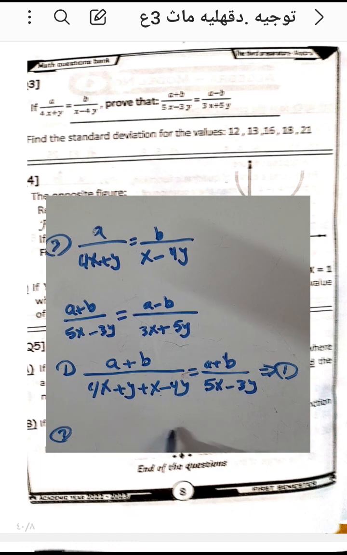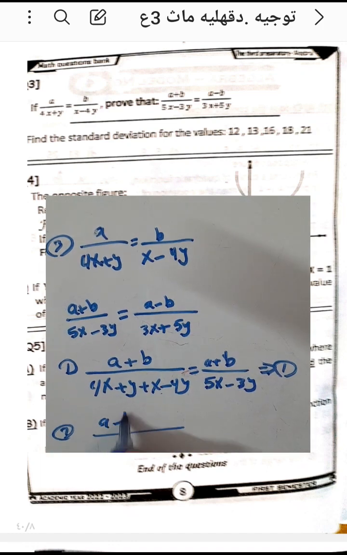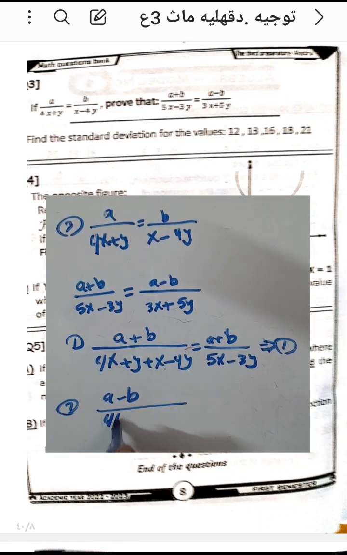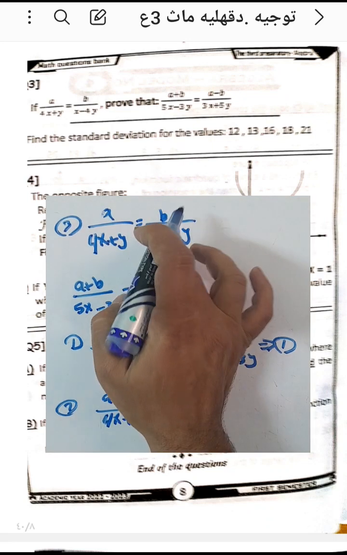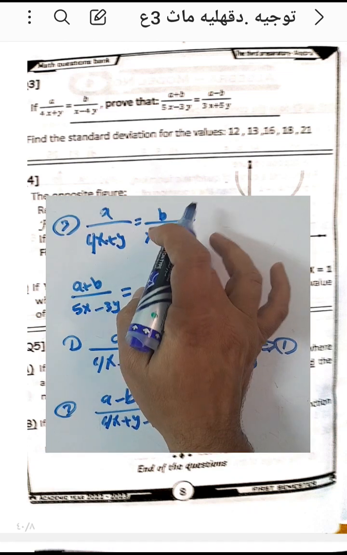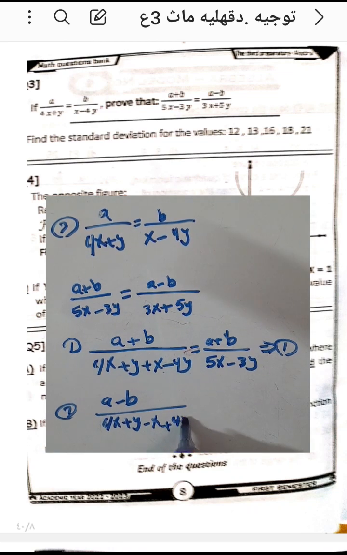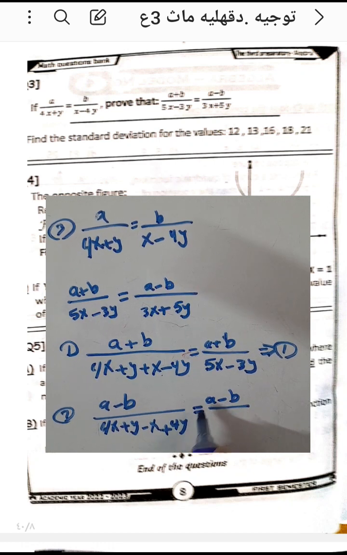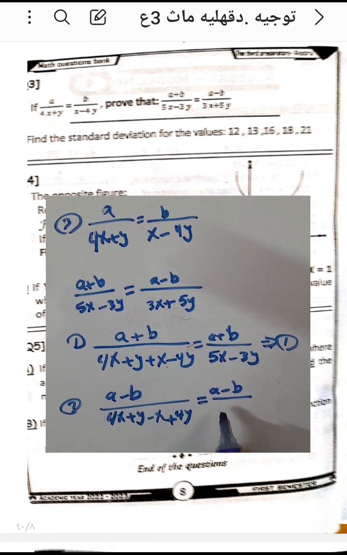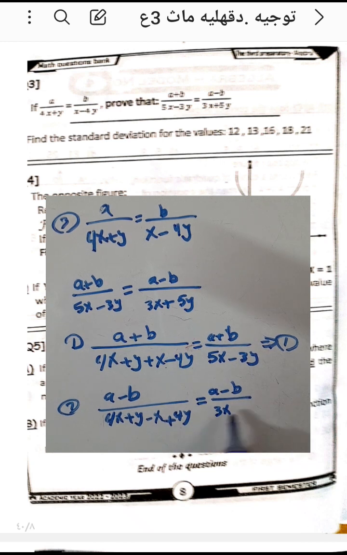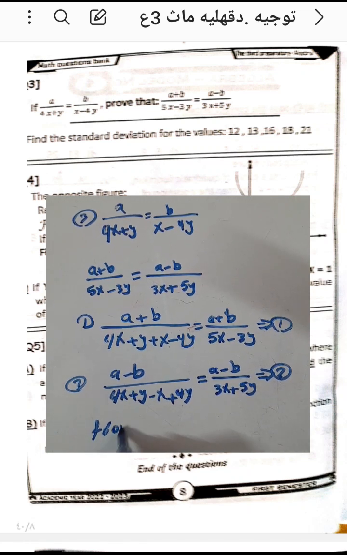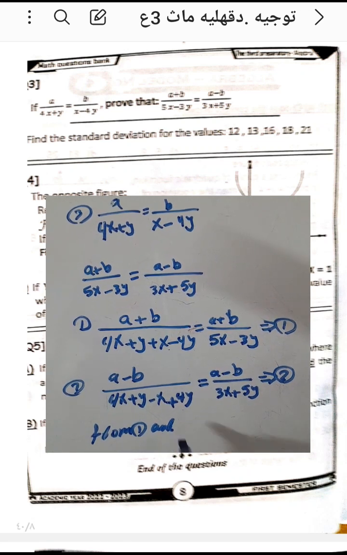And relation number 2, a subtracted by b, a minus b, over 4x plus y subtract x, subtract negative 4y, it will be a positive 4y. The result will be in the simplest form a minus b over 4x minus x, it will be 3x, and y plus 4y, it will be 5y. It's relation number 2.